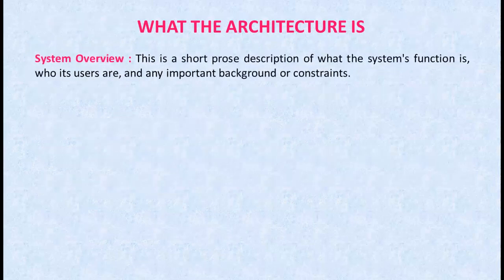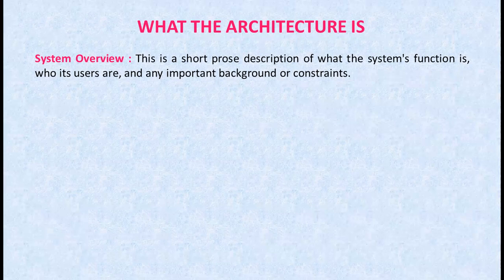Coming to the system overview, this is a short prose description of what the system's function is, who its users are, and any important background or constraints. The intent is to provide the readers with a consistent mental model of the system and its purpose.